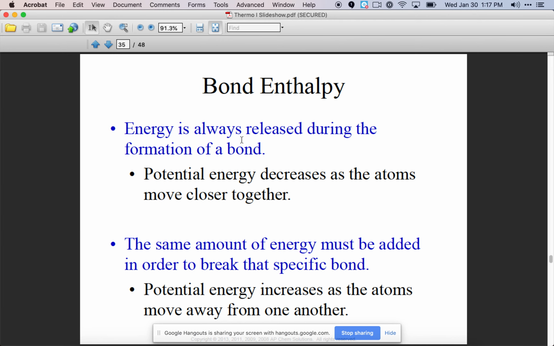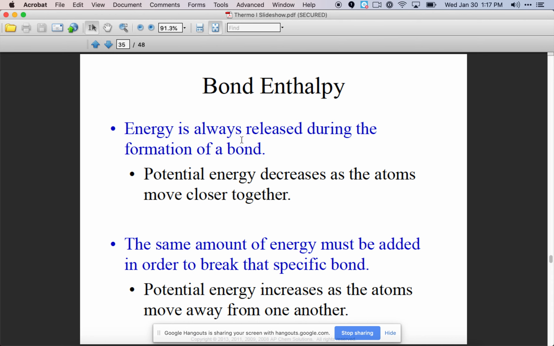This is really important, guys. I can't star this slide more than I can. Anytime you form a bond, energy is released. Anytime you form a bond, energy is released. Now notice the opposite happens when you're breaking a bond. With breaking a bond, you have to put in energy. Does anybody have any questions on that?